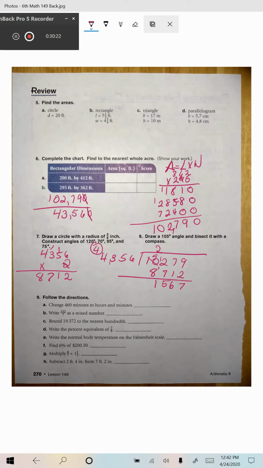Oh, so here's 1,000. No, I did something wrong up here, I think. I should have gotten 106,790. So I messed up somewhere up here, didn't I? Did you disagree with me? Let me get rid of this because this isn't going to work.